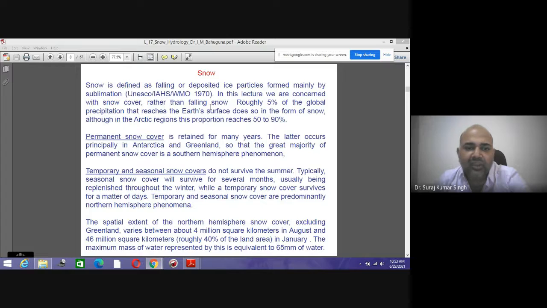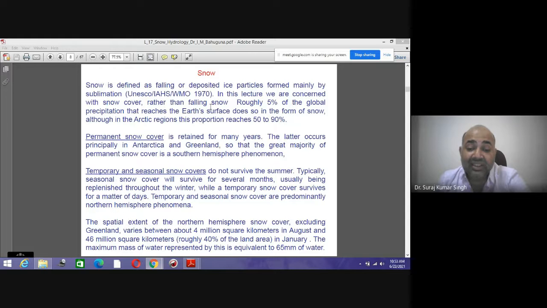Roughly 5% of the global precipitation that reaches the earth surface does so in the form of snow, although in the Arctic region the proportion reaches 50 to 90%. The permanent snow cover is retained for many years. The latter occurs principally in Antarctica and Greenland, so the great majority of permanent snow cover is a southern hemisphere phenomenon.